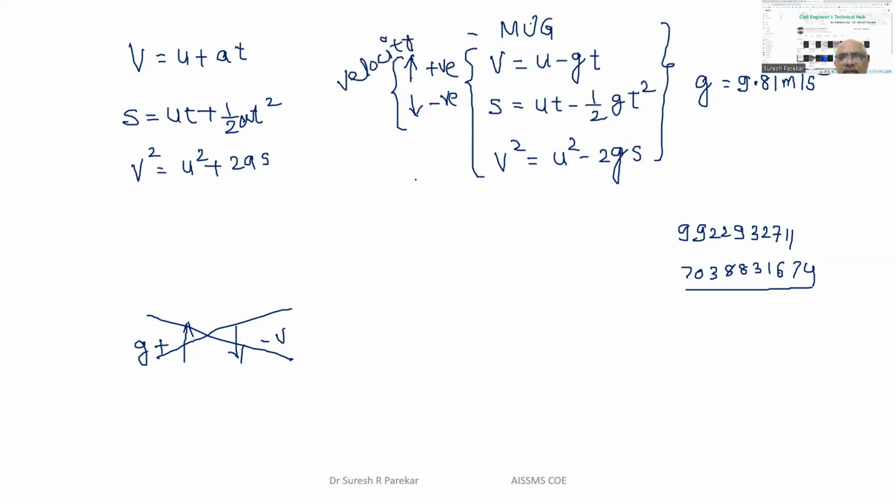And related to your S, you have to compare the initial position with your final position. If the initial position is below the final position, then my value of displacement is plus. If my initial and final positions are along the same line, then my value of displacement is 0.